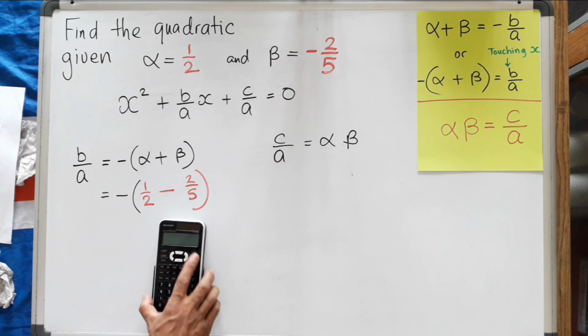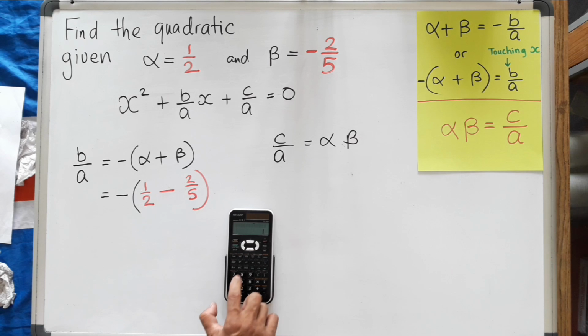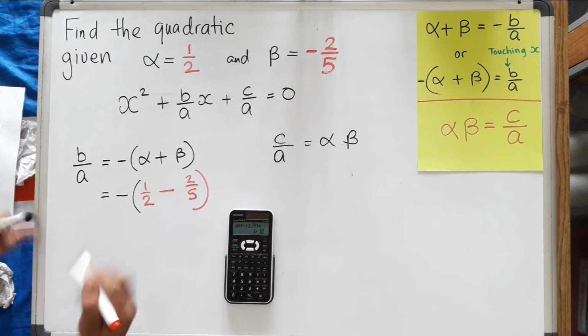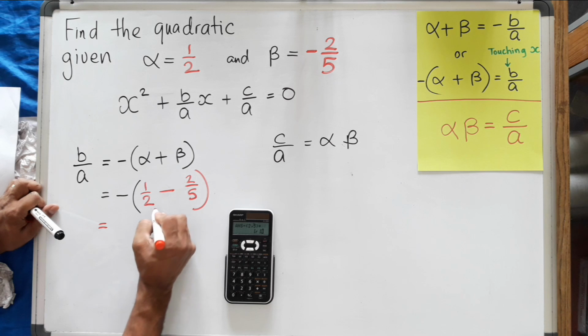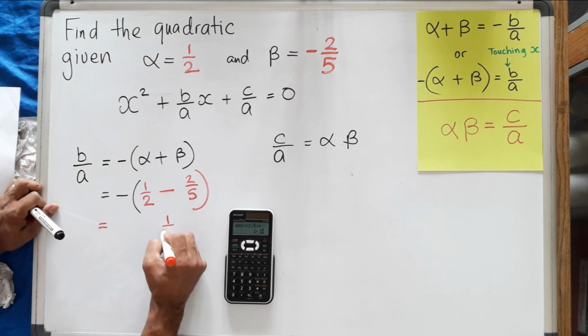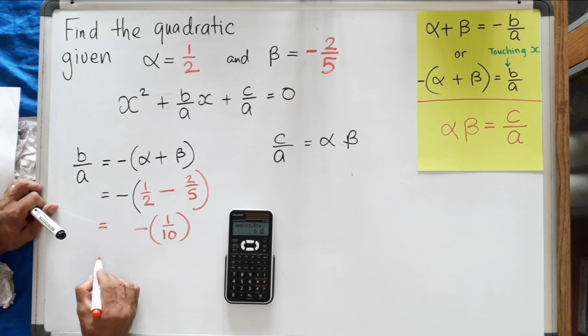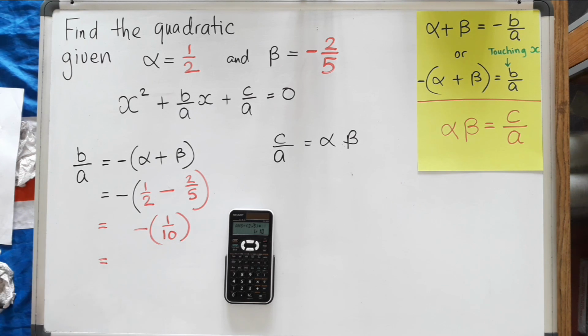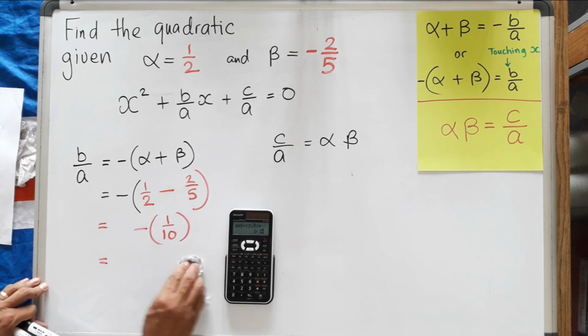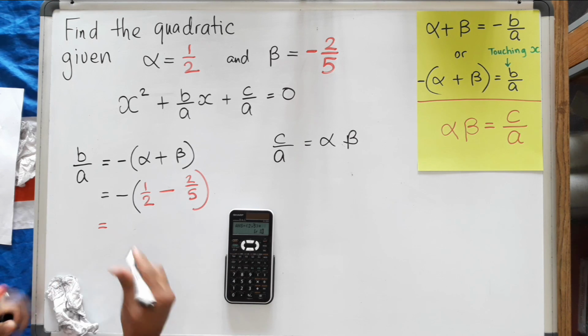So I'm just going to use my calculator here to do it quickly. You can use your fraction button. A half minus 2/5. In the brackets, you will get 1/10. And what's waiting outside? A minus sign. So, a minus 1/10. I'm just going to write minus 1/10 here.